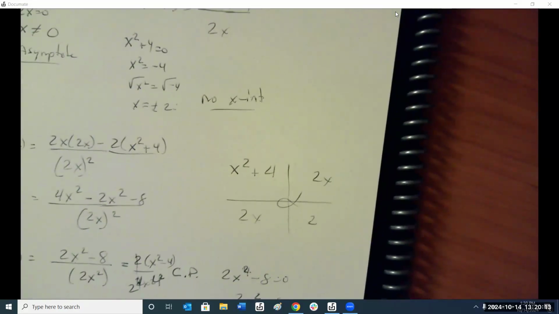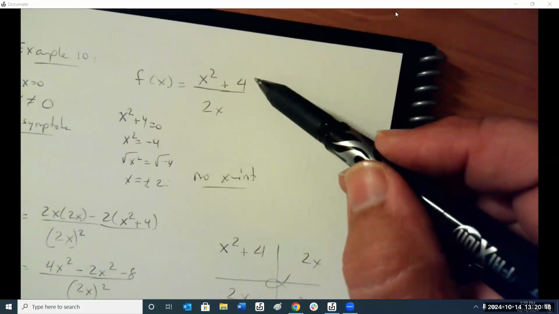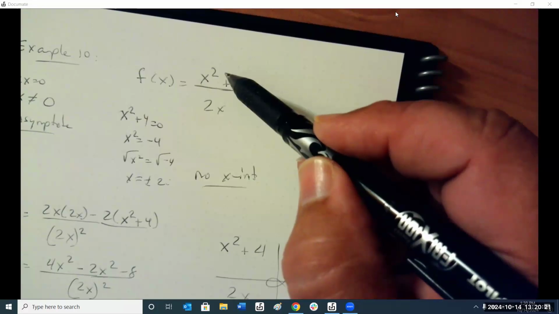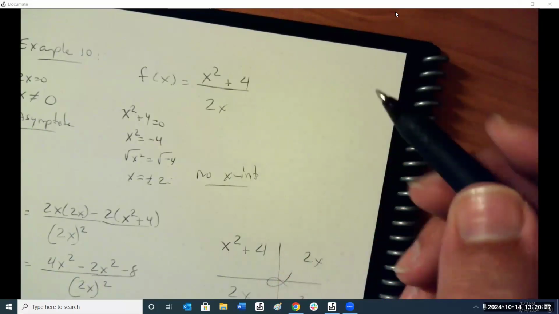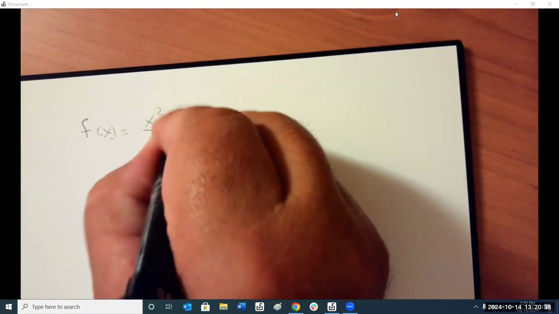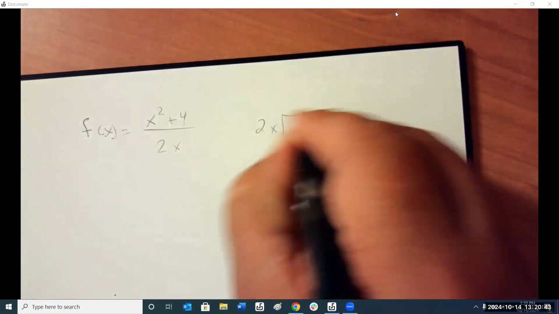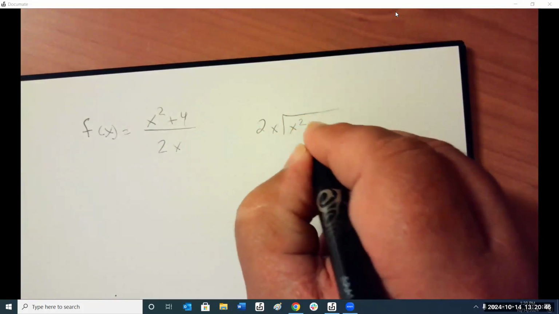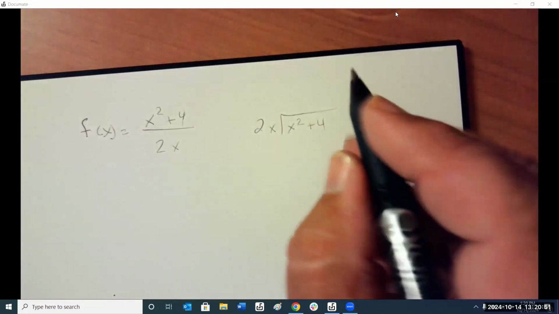Okay, so looking at the original equation, the degree of the numerator is bigger than the bottom by 1. If I do long division, we're going to have a slant asymptote, an oblique asymptote.